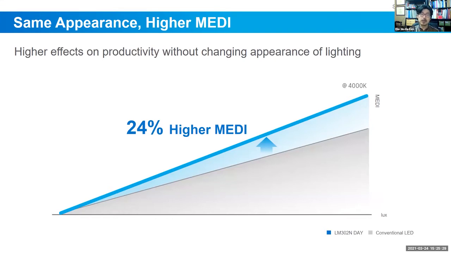We just translate the melanopic suppression, melatonin suppression level of a given spectrum compared to that of the standard D65 light source, which is similar to the daylight. So regardless of the illuminance level, you always get 24% higher melanopic EDI when you use LM302N-Day compared to the condition you use just conventional white LED.